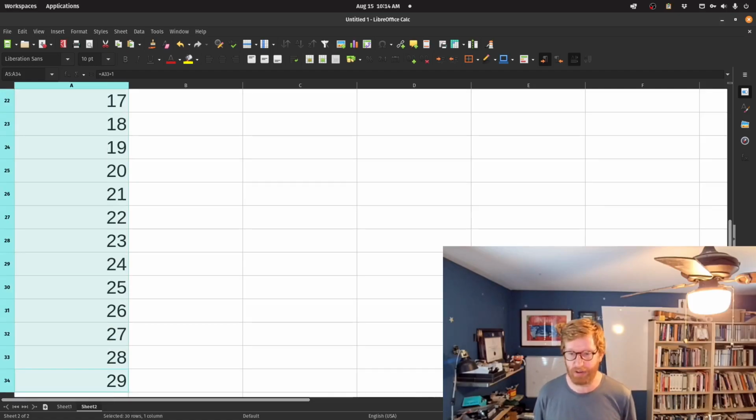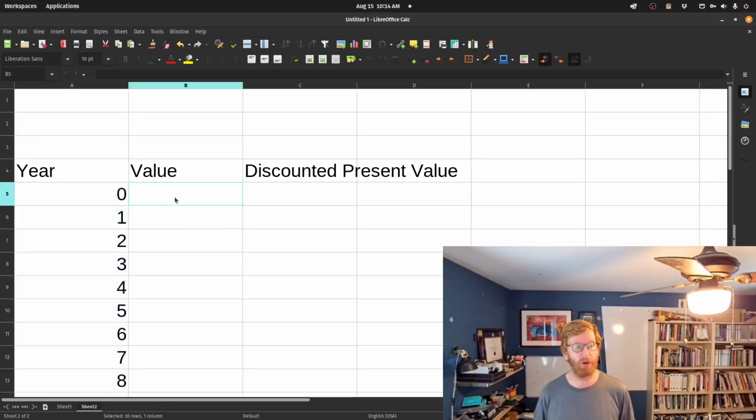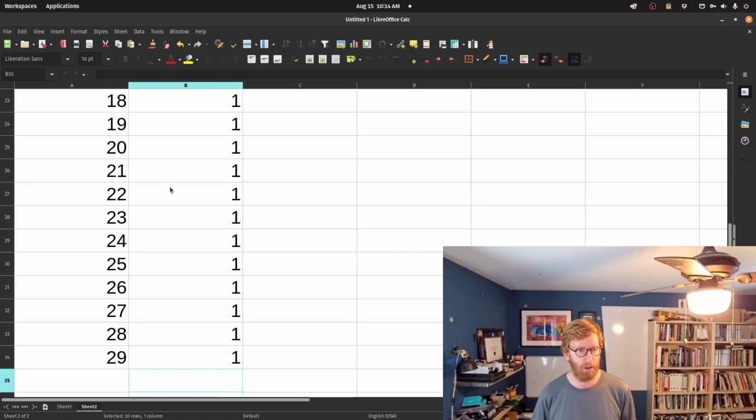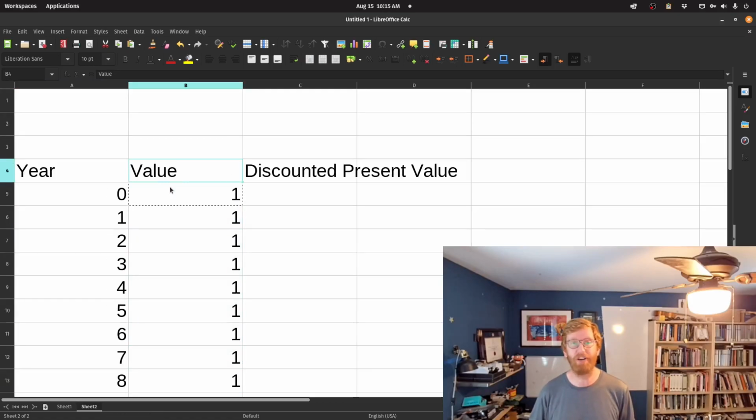We have got 30 things to add together, right? 30 rows, 1 column, 30 payments we're going to consider. And each of these payments is $1 million of undiscounted value.